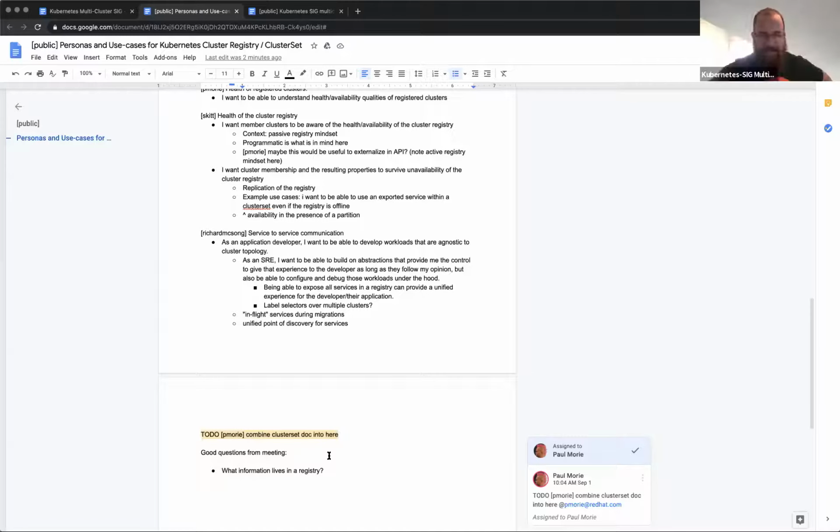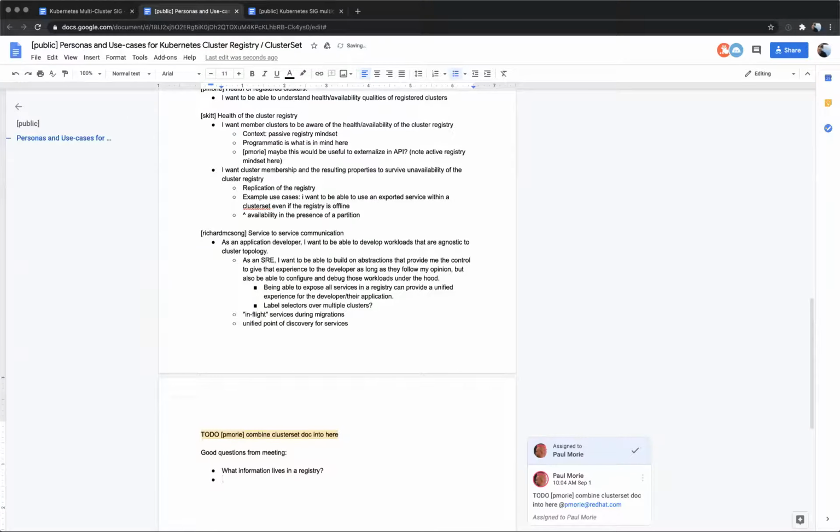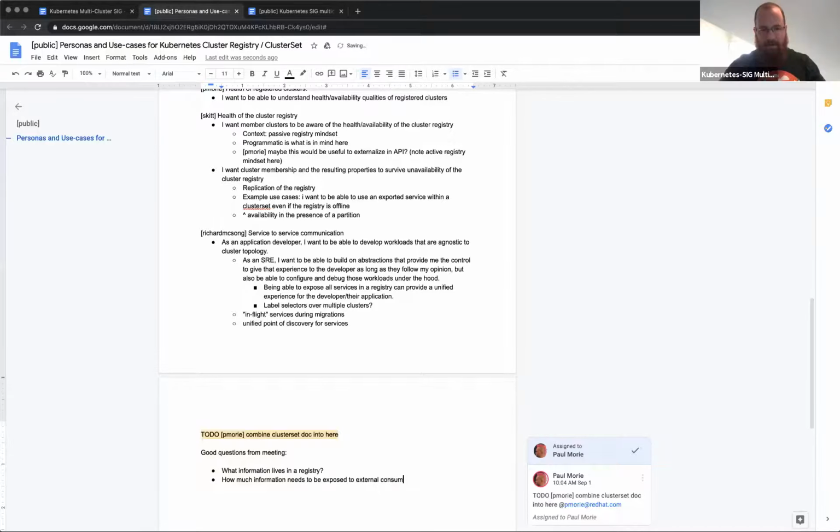And how much information is relevant completely externally? Any external user of the registry would want to know how much is required for services that are going to build on top of the registry, and how much is required just for the registry itself. And that gets into API discussions.